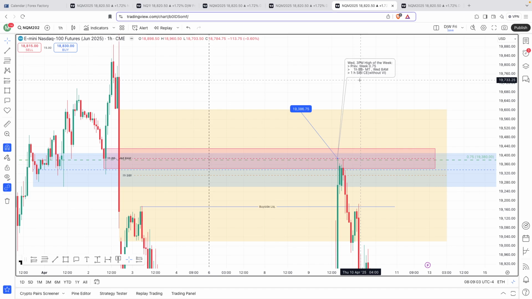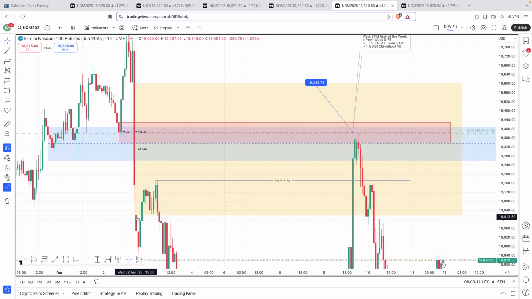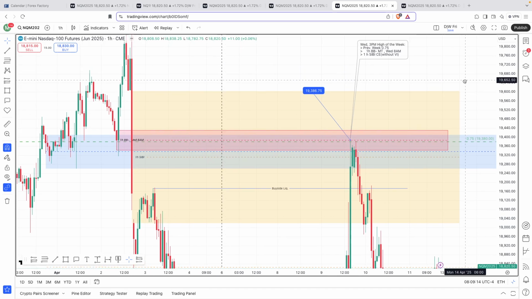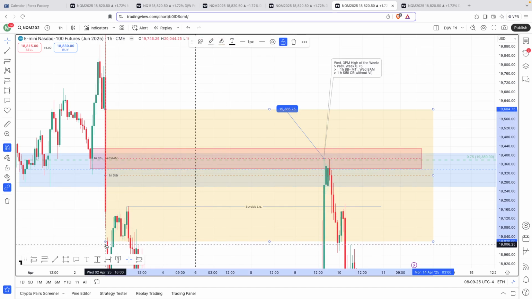Also, there is a 1 hour CB. So being this one, we take the volume imbalance and we see the 50% retracement level, 50% consequent encroachment. But this CB, we can also consider it without the volume imbalance.